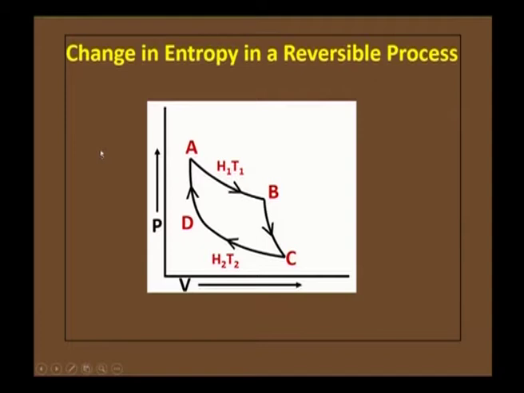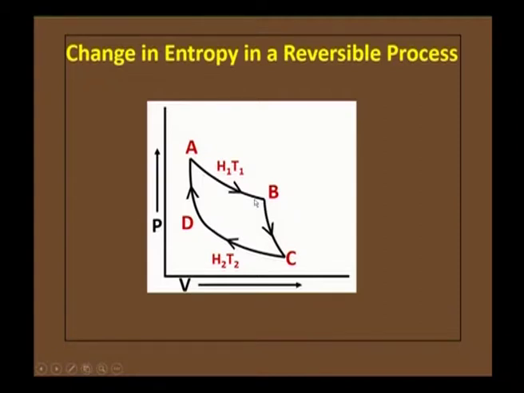This is a graphical representation of a PV indicator diagram where P refers to pressure along the y-axis and volume along the x-axis. ABCD is a Carnot cycle, divided into 4 parts, where AB is an isothermal process, BC is an adiabatic process, CD is an isothermal process and DA is an adiabatic process.